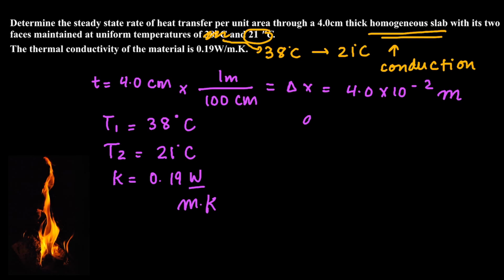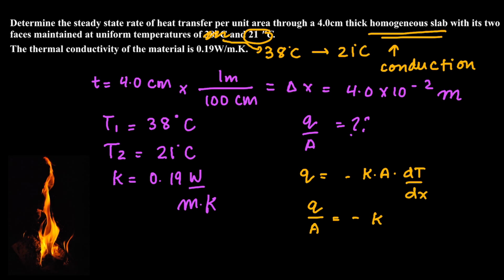Eventually what you need to find out is Q over area. The definition for conduction is Q equals negative K times A dT over dx. So if you need to find Q over A, divide by A, and you get Q over A equals negative K times dT over dx.